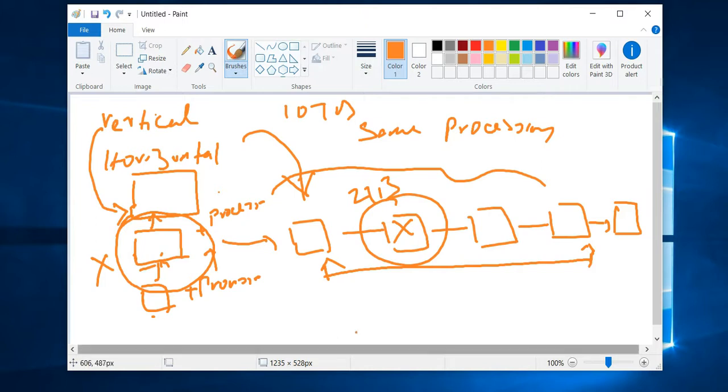So this is down, but still I can process on the network with the other machines. So I still have 8 terabytes of data that I can process with the horizontal scalability. So Hadoop actually gives us this good benefit that we can do the horizontal scalability and avoid the single point of failure.